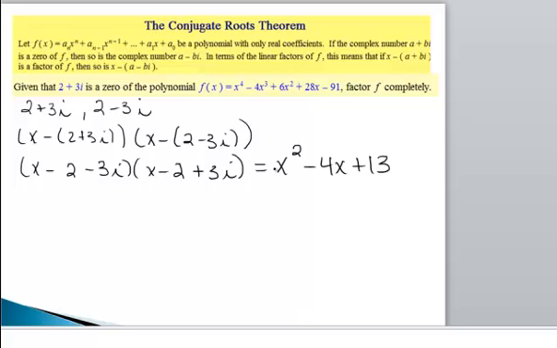So once you get this, you know that this is a factor of this because these two are factors of this. So you can divide it, x squared minus 4x plus 13, into this polynomial.